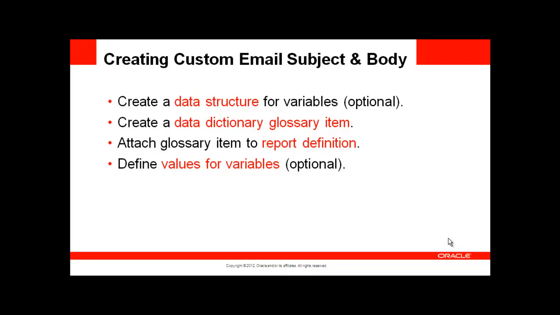Attach the data structure you created if the subject or body contains text substituted values. Enter the name of the glossary data item on a report definitions bursting and delivery form. For glossary data items with variable text, use the Define Values button to define values for the text substituted variables.